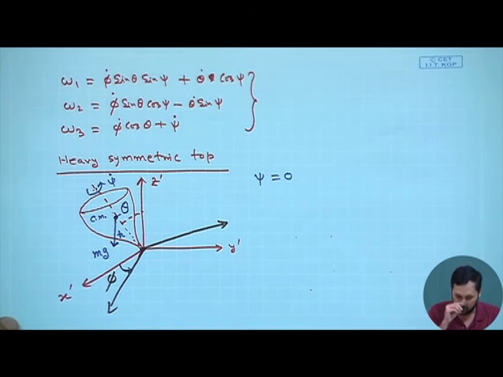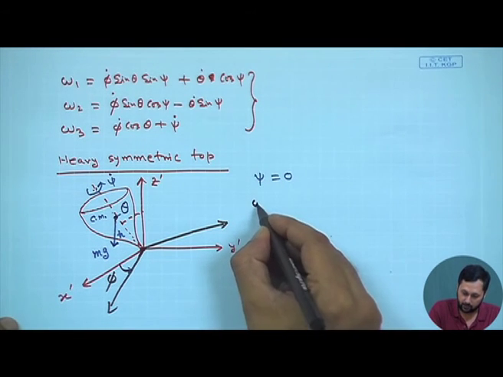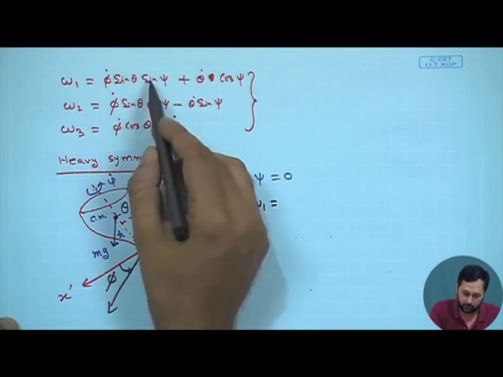So, what we can do is take this equation and put psi equal to 0. Then omega 1 equals theta dot, since this becomes 1 and this becomes 0.